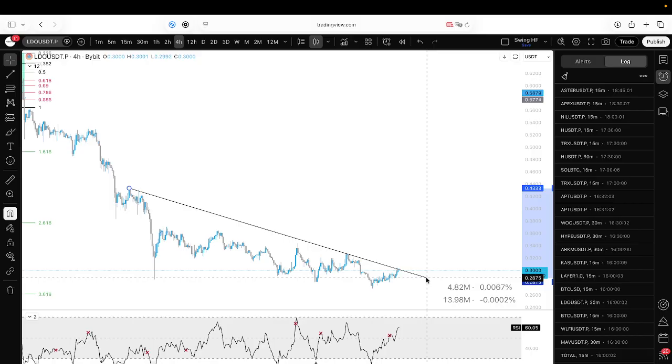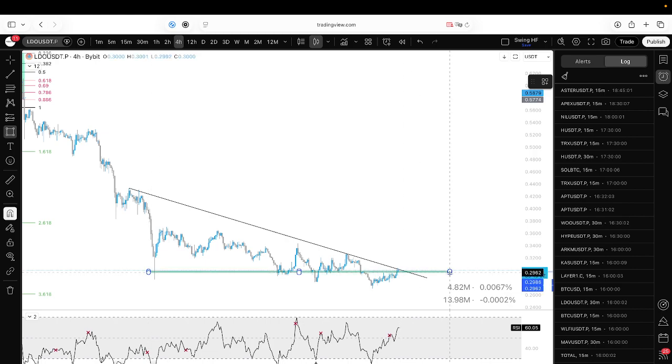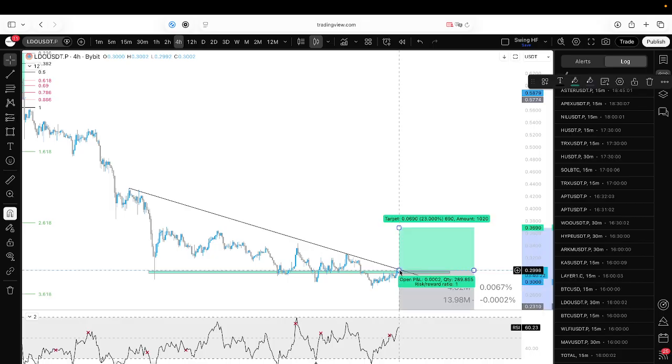Guys, LDO. This could be a setup. Definitely. I was waiting to gain back this level.